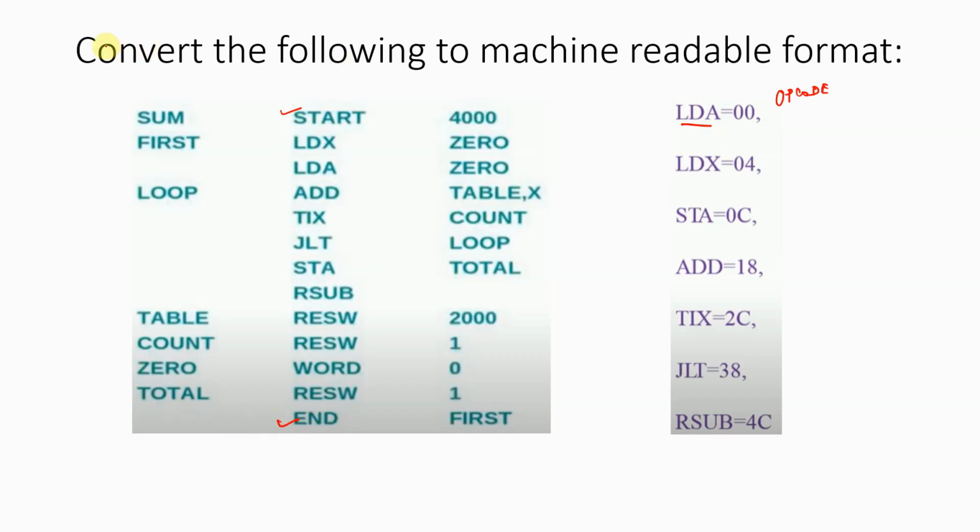Start contains the name of the program followed by the starting address. End has the first line of execution of the code. These are the opcodes of the op table. We also have reserve word, which will reserve a word, and word, which will store a word.